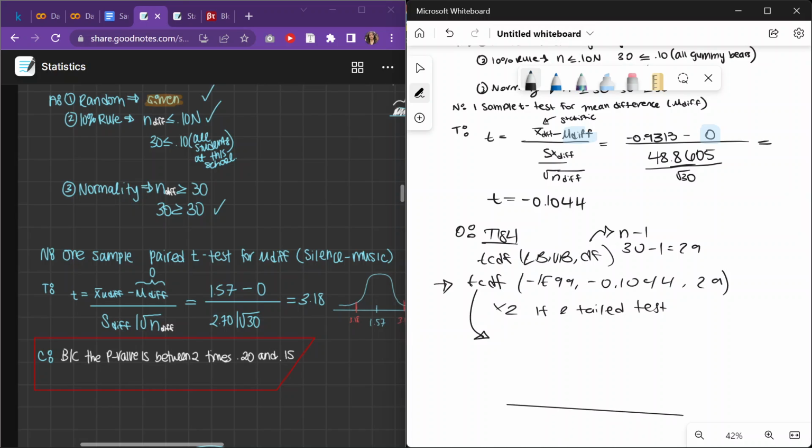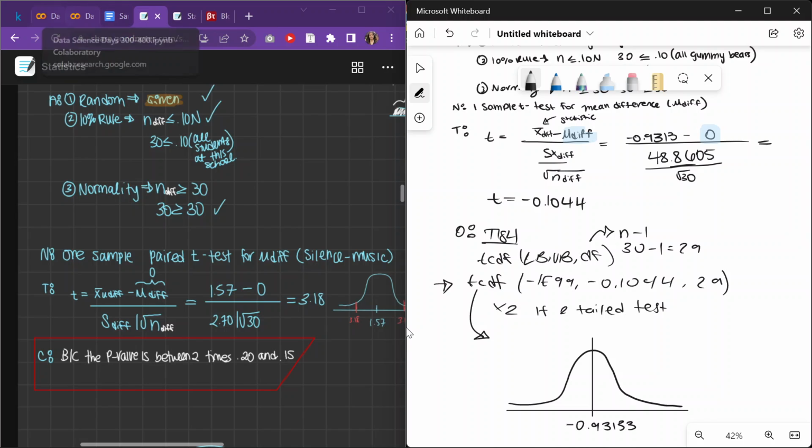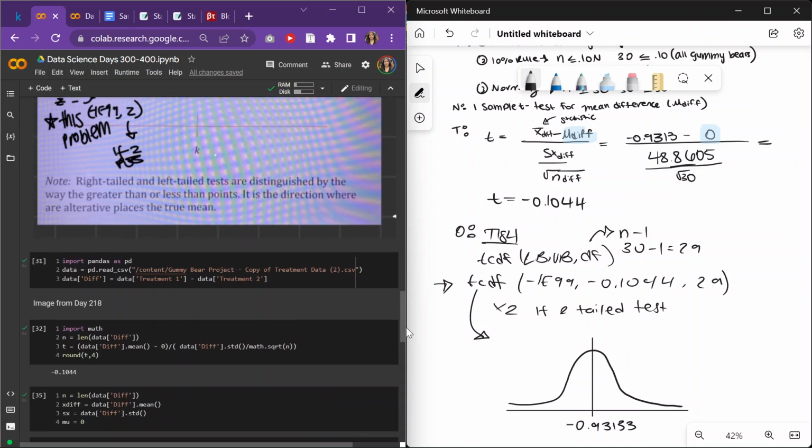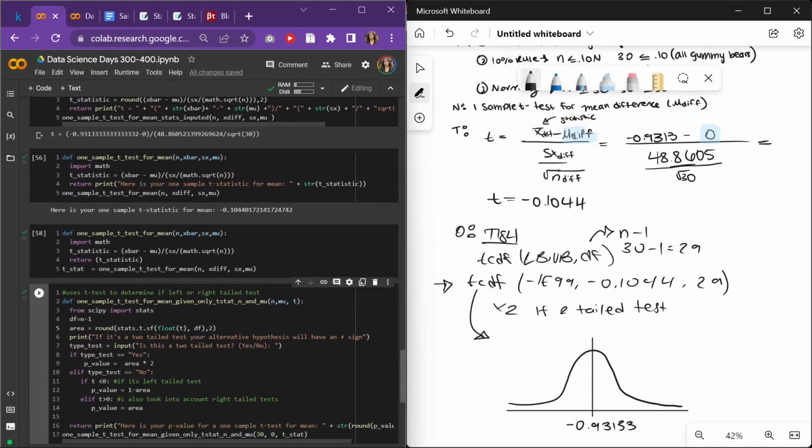So I have this. That is not a straight line. Okay, then I have my normal distribution. This is what my data looks like, theoretically, at least. All right, the mean we know in a normal distribution is always in the middle. So then we know that the mean is negative 0.93133 or something. Let me check something.